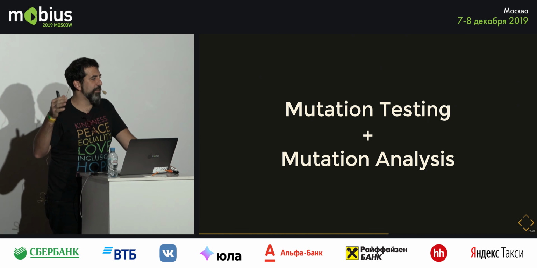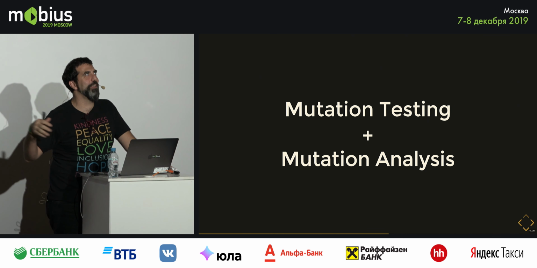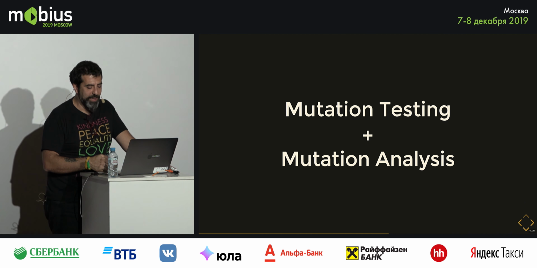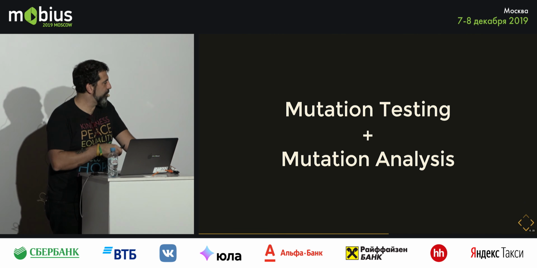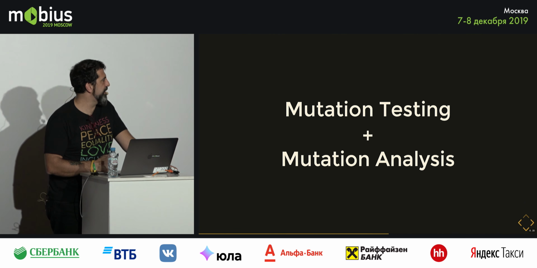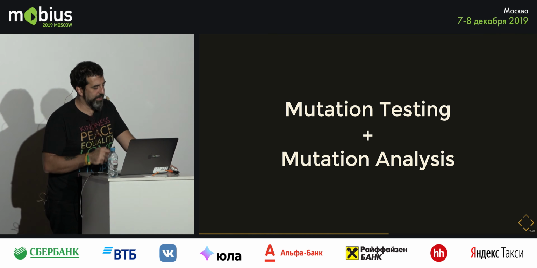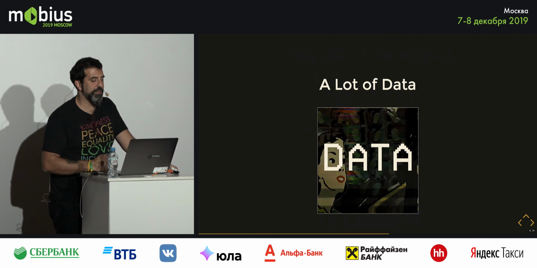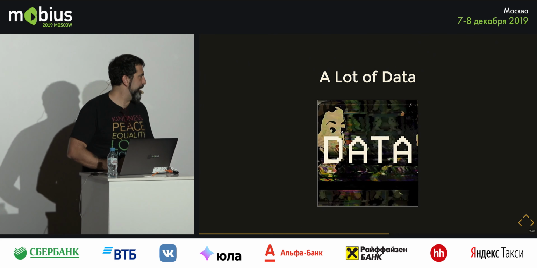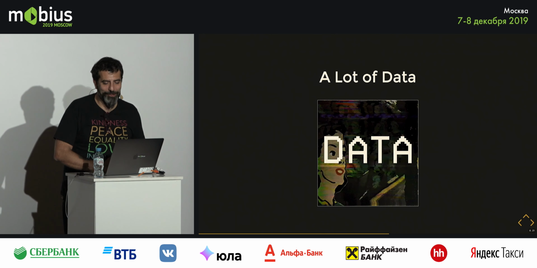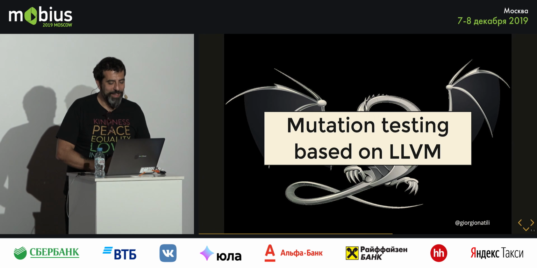To run the entire test suite on top of these mutants, it takes time. So through mutation analysis and analyzing your data, you can understand how you can fine-tune the generation of mutants to fit your needs and to improve your performance. And trust me, there is a lot of data. I will show you some examples.